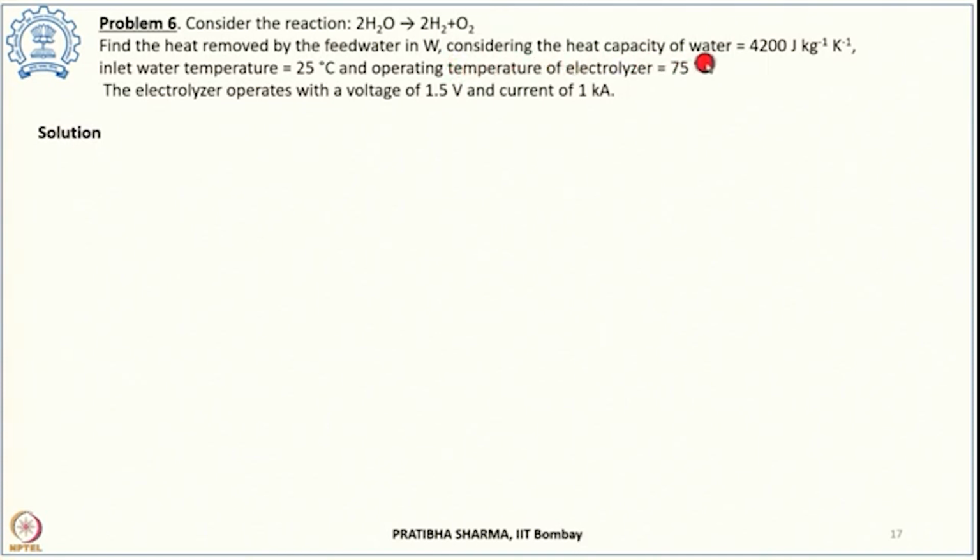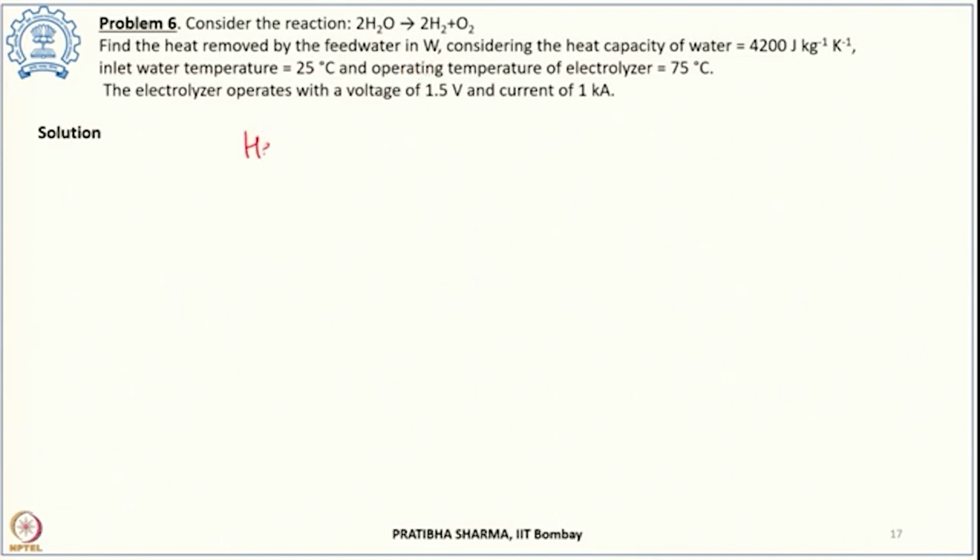Considering that the heat capacity is given as 4200 joule per kg per Kelvin, provided that the water at the inlet side was at 25 degree centigrade and the electrolyzer operates at 75 degree centigrade. The electrolyzer operates at a voltage of 1.5 volt and current of 1 kiloamps. So under these conditions we have to find out how much amount of heat is being removed by the feed water. Now let us do that problem.